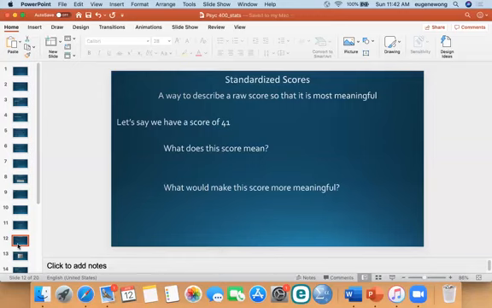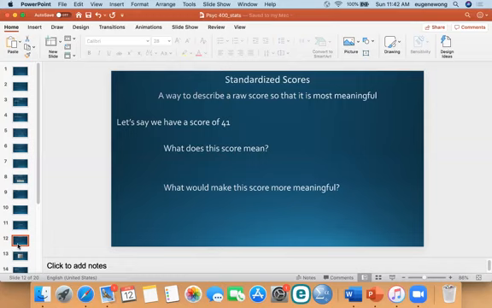If I were to tell you that the number of possible points is 1,000 and somebody got a score of 41, you'd say, wow, that person didn't do so well. If I instead said the number of points possible was 42 and some score was 41, you'd say, wow, that's a really good score. But because there's no context right now, we don't know what this score means.